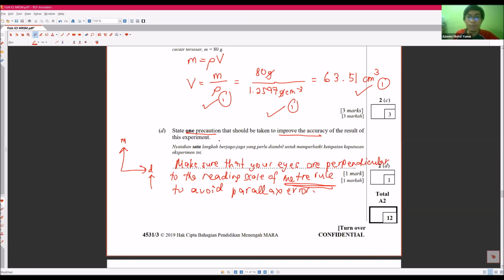Make sure that you write all the words: perpendicular, reading, scale, parallax error. All of these things, including the measuring instrument, are needed for the one mark. If you miss one, then you probably have no mark for it.